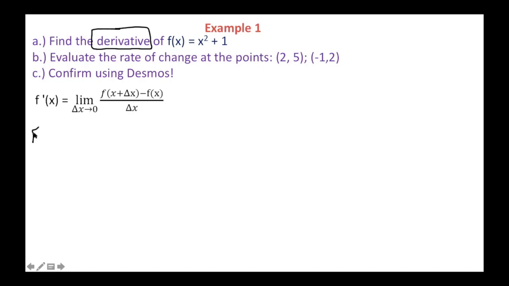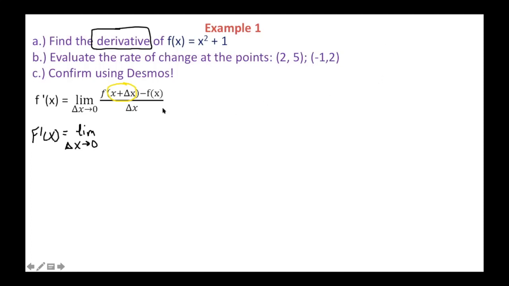So we have f prime of x equals the limit as delta x shrinks to 0. And here we have f of x plus delta x. So let me loop that in yellow. What is f of x plus delta x? Well, that means you take your function and you literally plug or substitute x plus delta x into it.